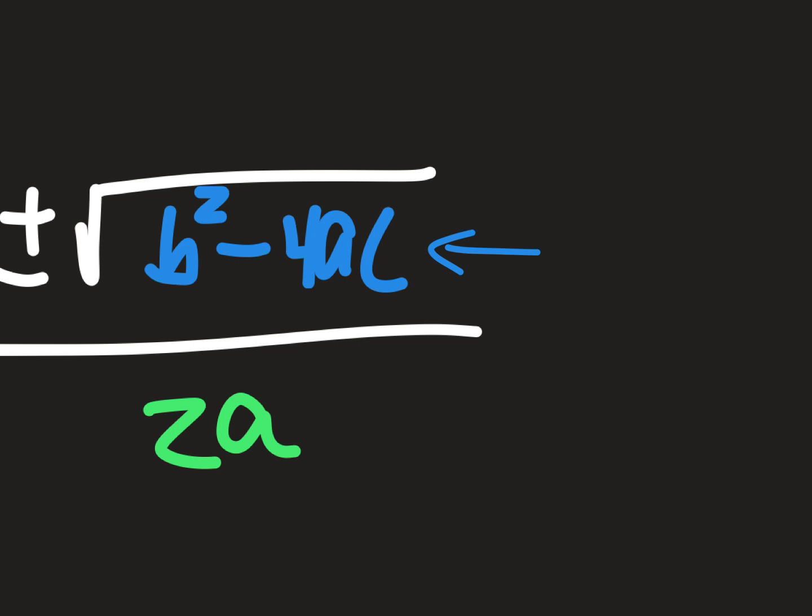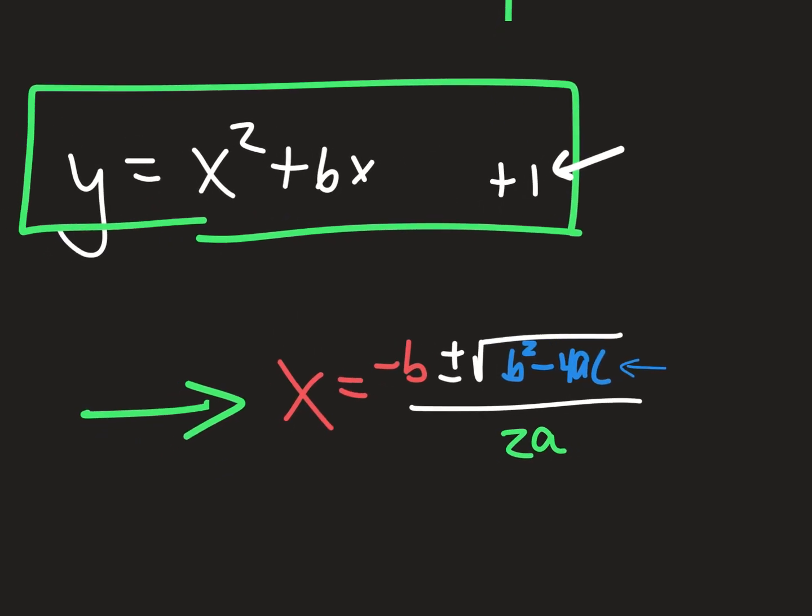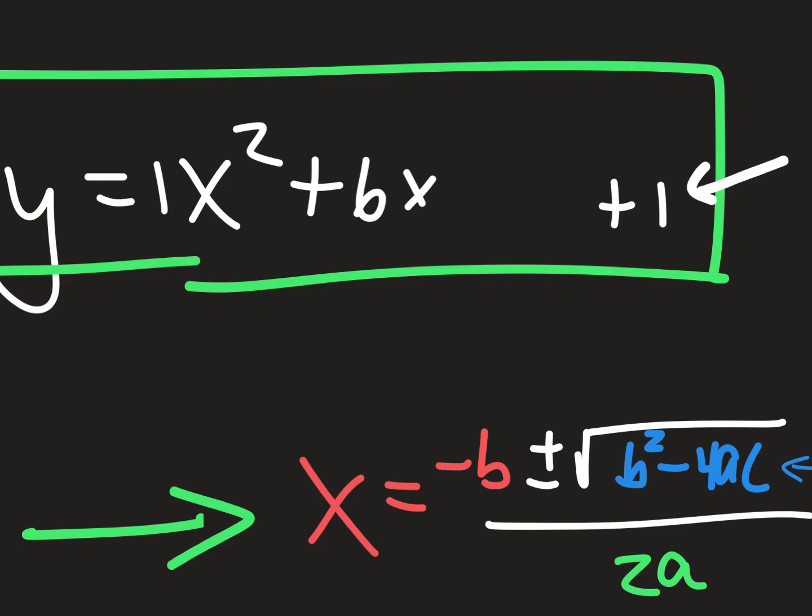All right. So let's figure out that blue part. B squared minus 4ac. Well, what's a, b, and c? I'm going to remind you that there's a 1 in front of this. And a is 1. A is not 1x. A is just 1. Well, then what's b? 6.